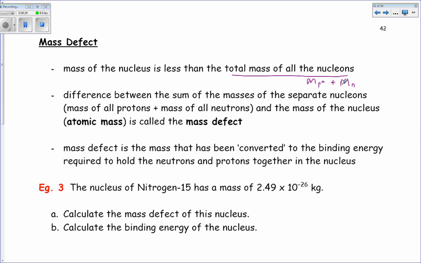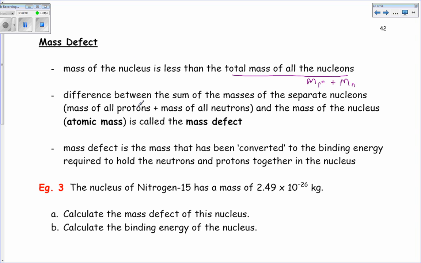If you took all the protons in the nucleus and found the total mass, and took all the neutrons and found the total mass, and added it all together, that number would be bigger than the mass of the nucleus, and that difference is what's called the mass defect, and that mass defect is equivalent to the binding energy that's required to hold the nucleus together.